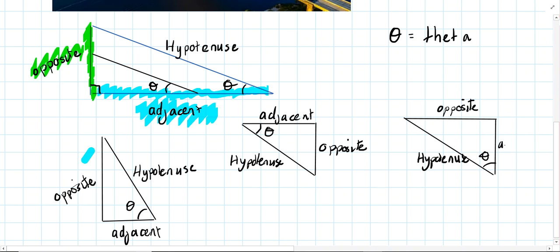So in your notes, I want you to draw those triangles out, all of them, and write down yourself, in your own words, how you would remember how to identify the opposite, the adjacent and the hypotenuse. I've not written on the board, I would expect more in your notes.